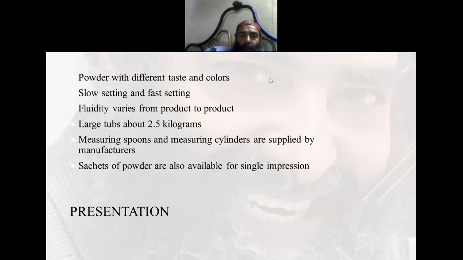Now, slow setting and fast setting are two other parameters. Depending upon its setting characteristics, two types are available: one is slow setting and the other is fast setting.